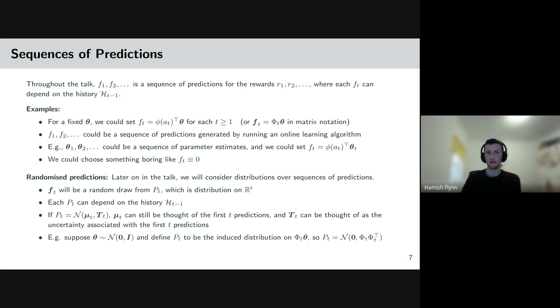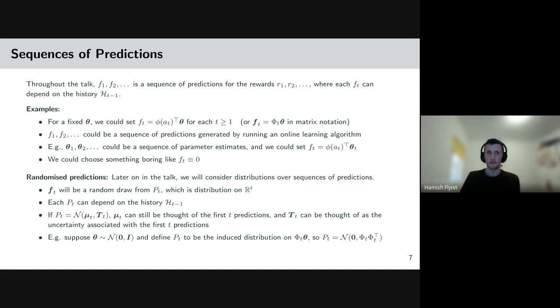And since we have a linear prediction problem, we could place a standard Gaussian distribution over theta, and then define pt as the induced distribution over the function values, phi t times theta. So in this case, that's another Gaussian with mean 0 and the uncentered empirical feature vector covariance as its covariance matrix.